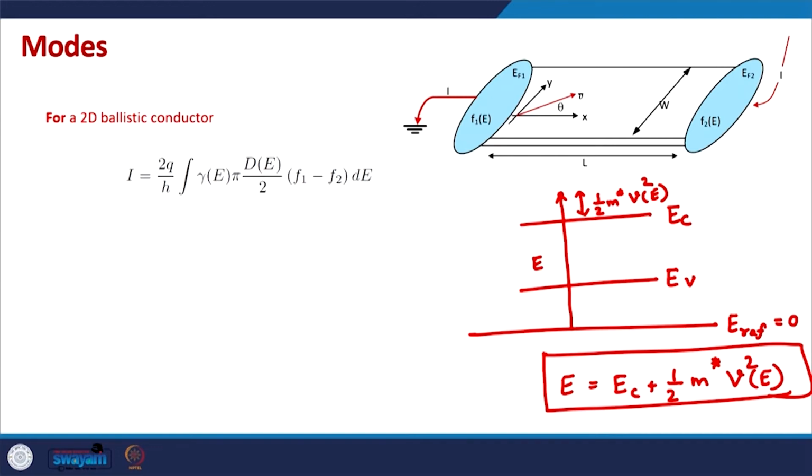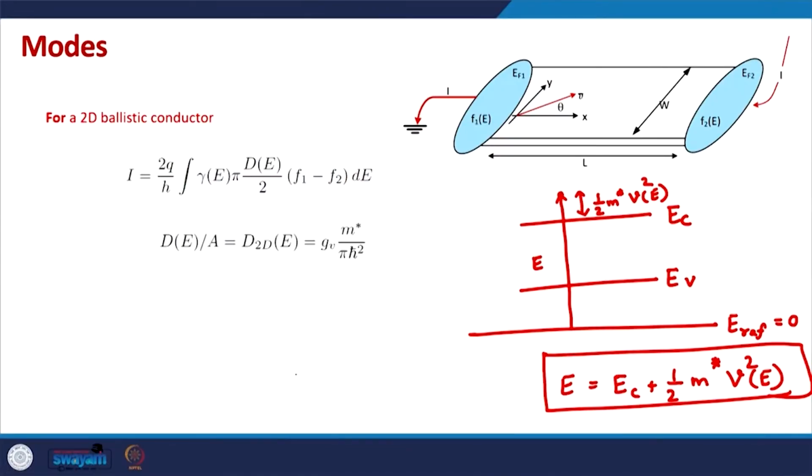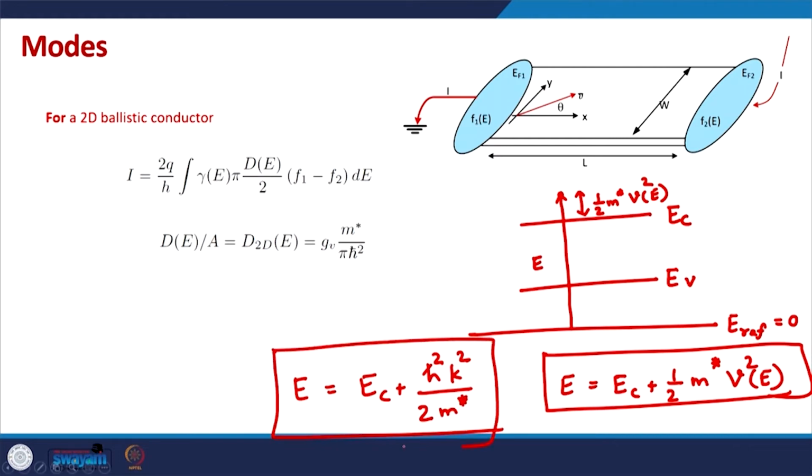Also, as we saw in our previous discussions, in the conduction band the E-k relationship can be written as E equals EC plus h bar square k square divided by 2m star. Now we are in a position to explicitly calculate the number of modes in a device.